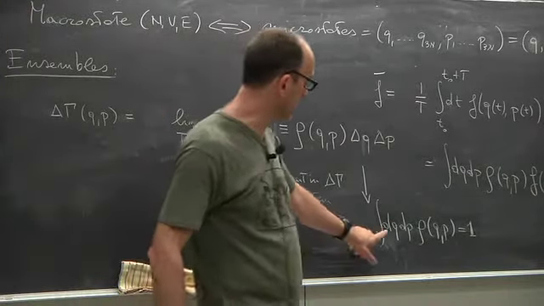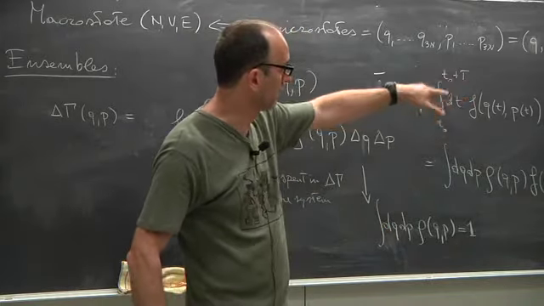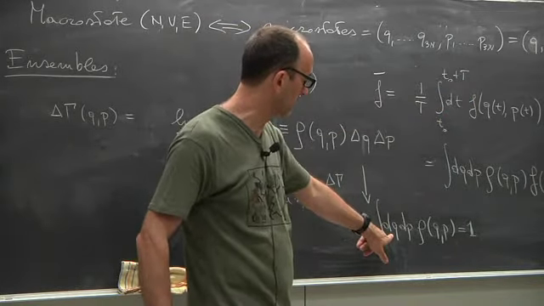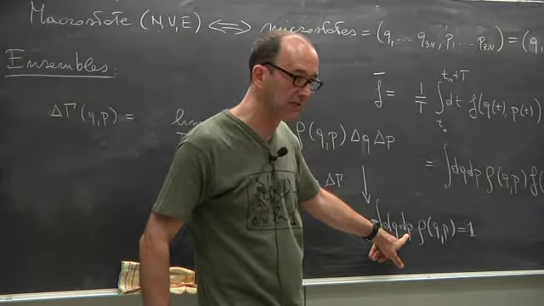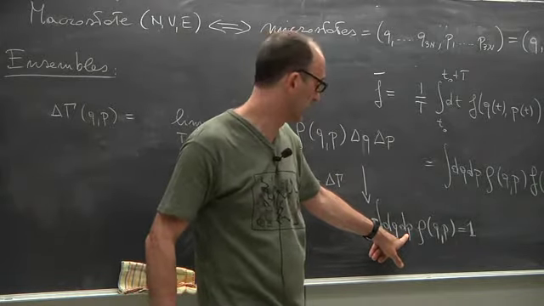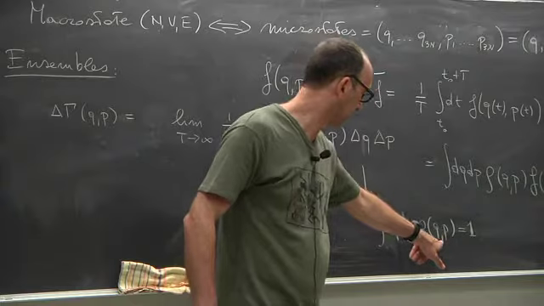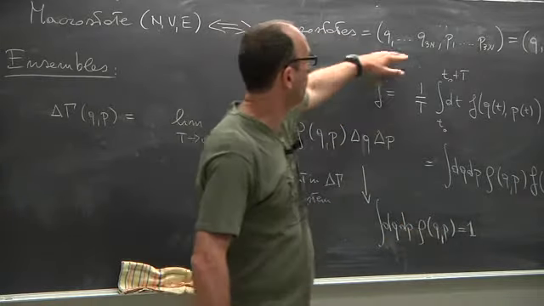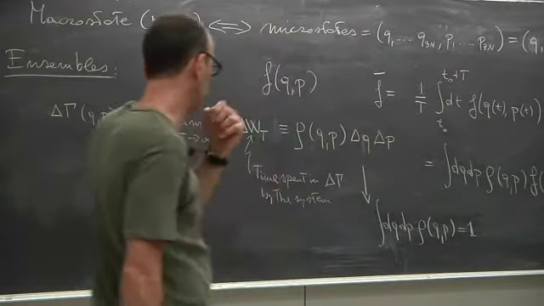This is the integral over all the phase space. So these are a 3n dimensional integral and another 3n dimensional integral, right? And this is a function which depends on all these 6n coordinates.